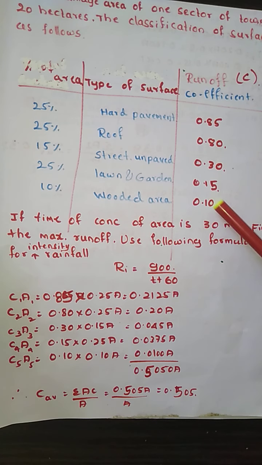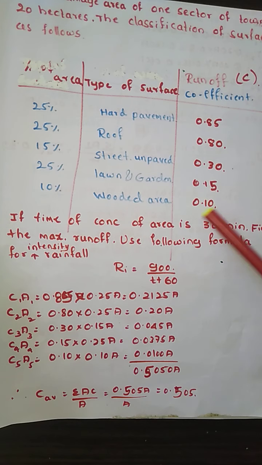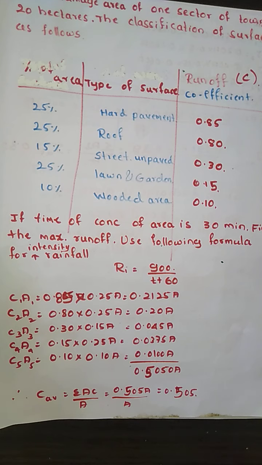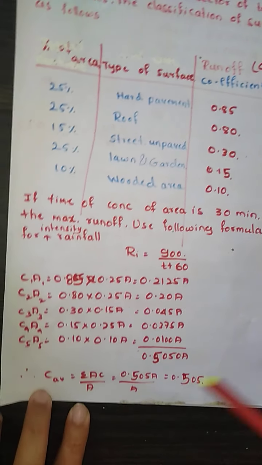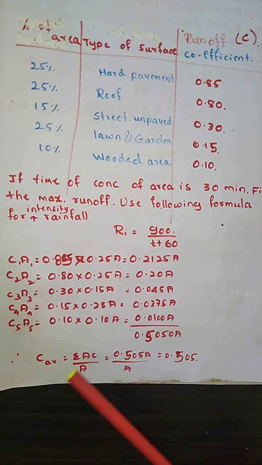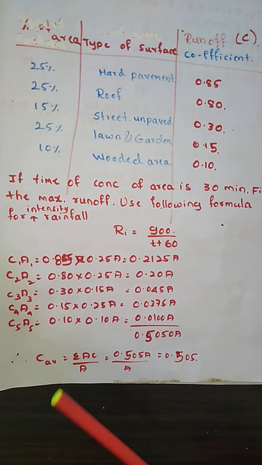Then next is C 0.10 multiplied by 0.10 A. So if we add it, that is sigma CA, we are going to get 0.505 A. So similarly as in the last problem, IAV is equal to sigma AI divided by A.